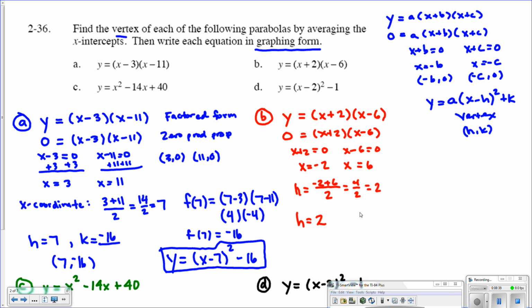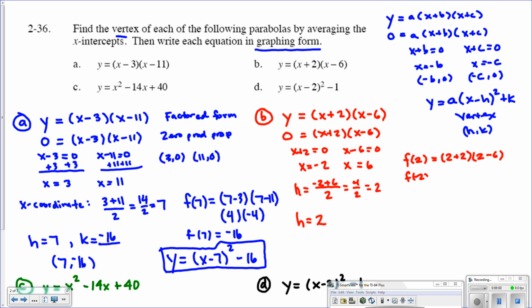So we know that h, or the x-coordinate of our vertex, is going to be 2. And we still need to find k, so let's plug into our function. Let's plug in 2. So we've got 2 plus 2 times 2 minus 6. I just plugged it right into the original equation.